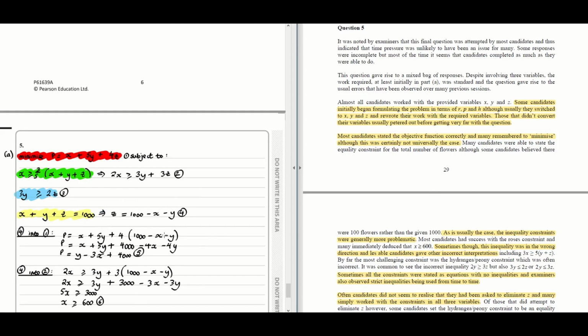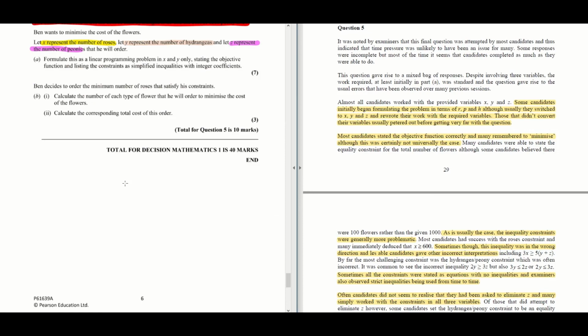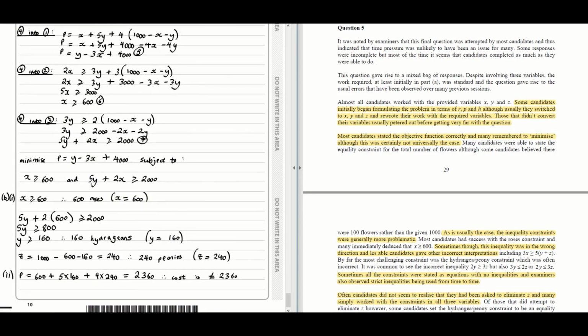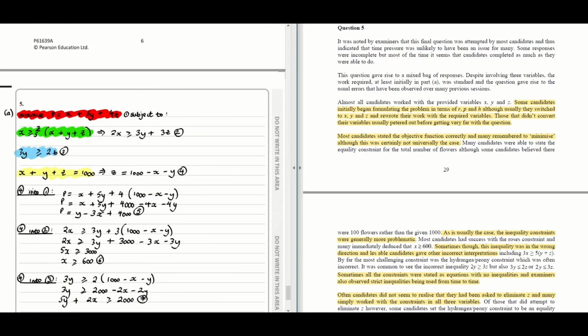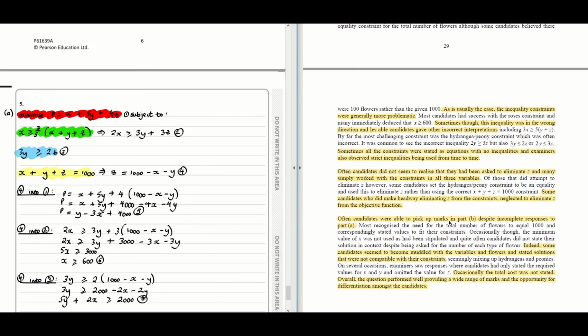But then you wanted everything in this question to be in terms of x and y, but candidates struggled to eliminate z, and you can see some of the mistakes they made. There were also problems when it came to the inequalities. Just be careful with the way the inequalities are shown. Some people were using strong inequalities instead of these weak inequalities, which was incorrect.